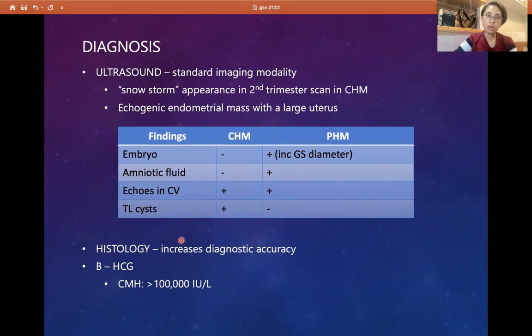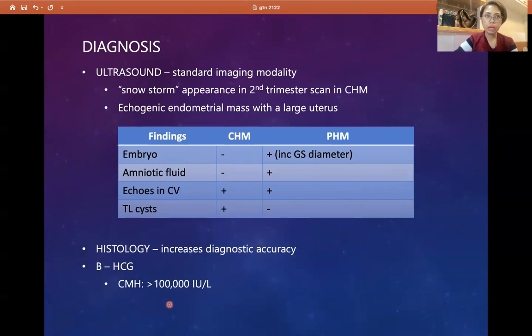If there are meaty tissues or vesicles that come out, it will be prudent to have this sent for biopsy to, again, increase diagnostic accuracy. And for the beta HCG determination, complete mole usually presents with very high beta HCG.